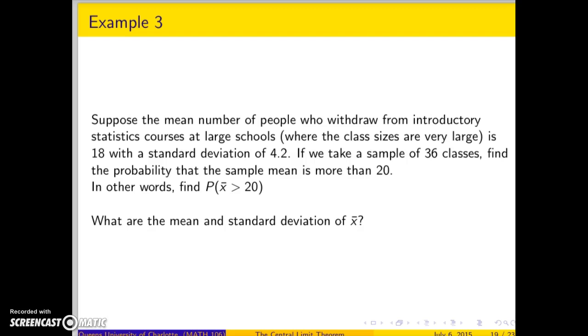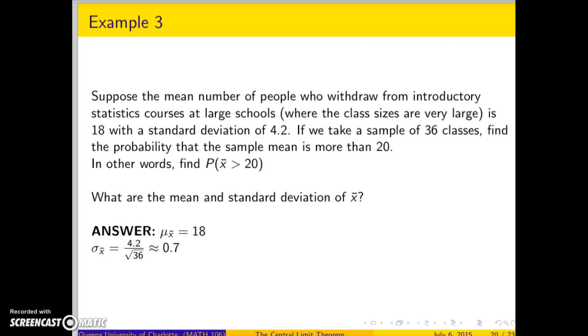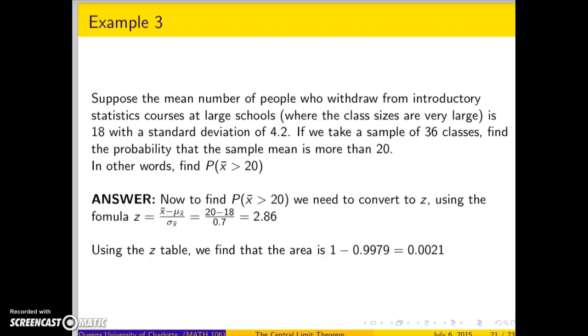Now again, what are the mean and standard deviation of x bar? We know that mu sub x bar is the same as mu of our original population, which is given to be 18, and sigma sub x bar is sigma of the original population, which is 4.2, over the square root of the sample size, which is 36, and that gives us 0.7.